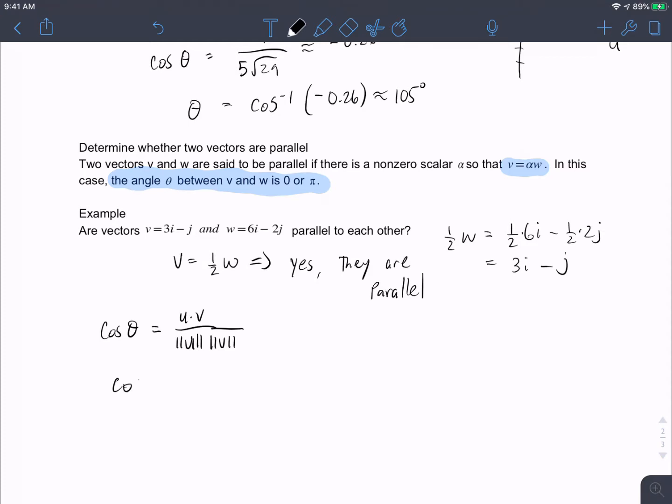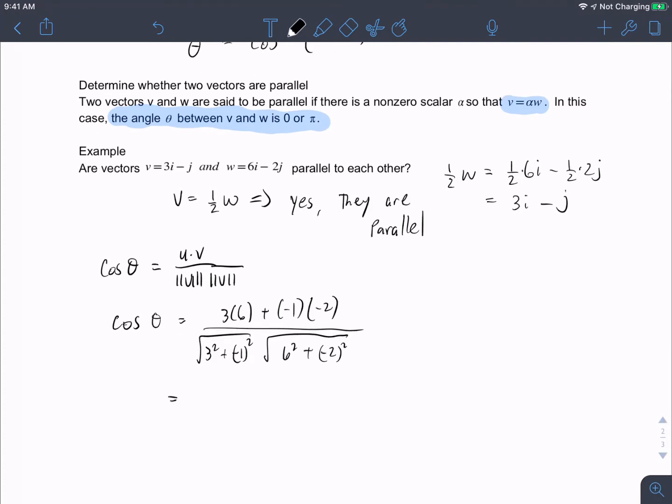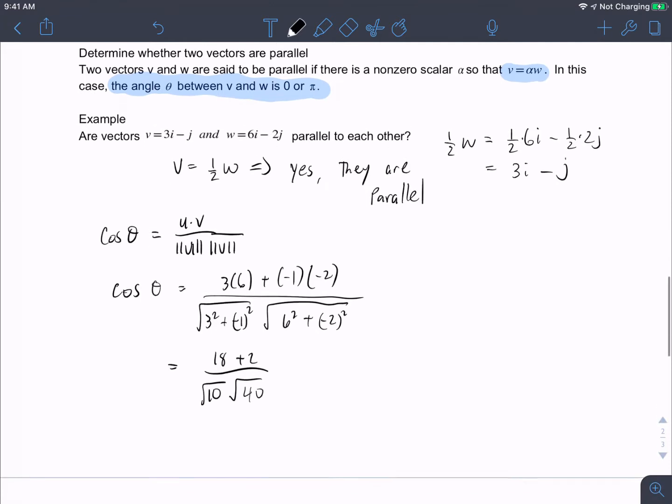We're going to get cosine of theta is equal to 3 times 6 plus a negative 1 times a negative 2 all over the square root of 3 squared plus negative 1 squared times the square root of 6 squared plus a negative 2 squared, which is going to give me 18 plus 2 over the root of 10 times the root of 40.